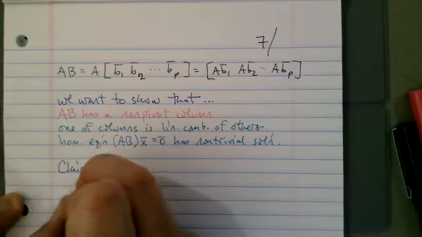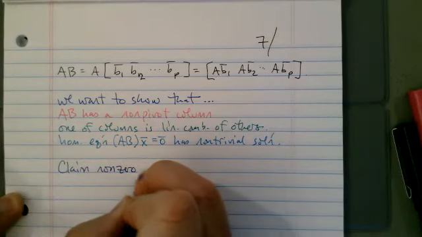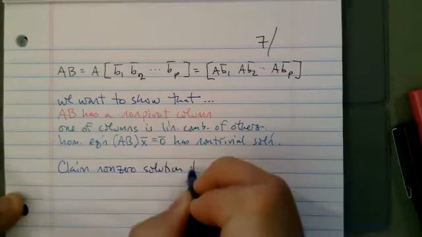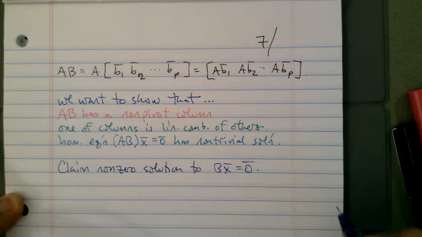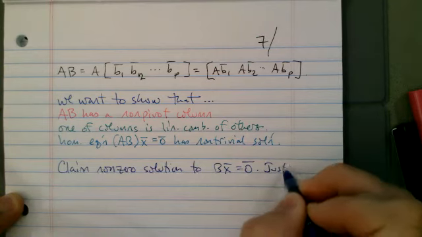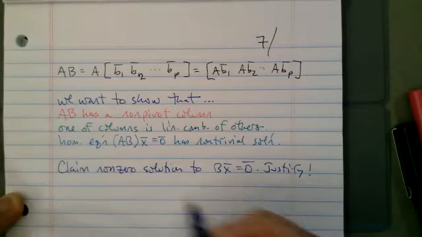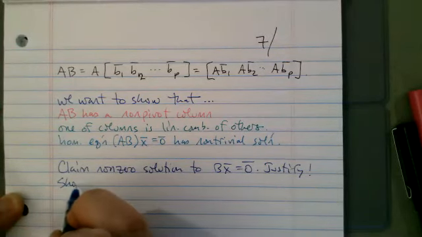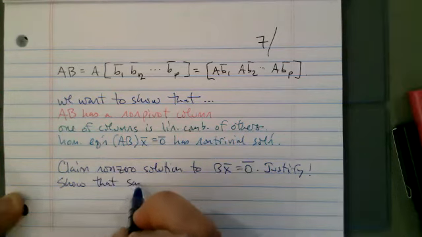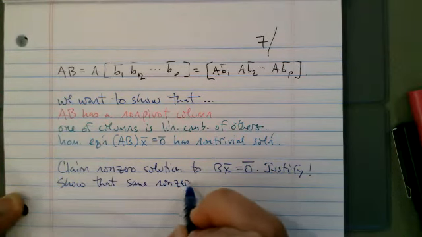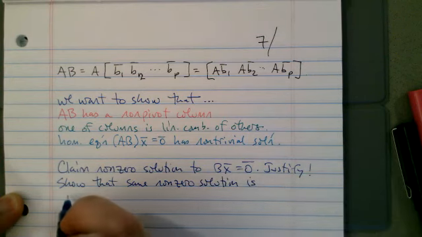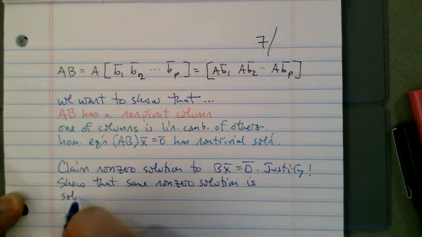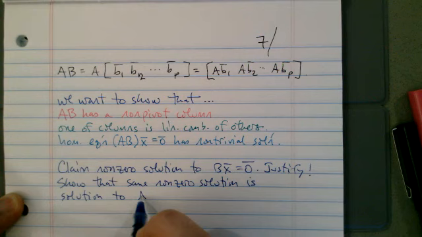Claim a non-zero solution to Bx equals 0, and then justify that statement. Then use that same non-zero solution and show it is a solution to AB times X equals 0.